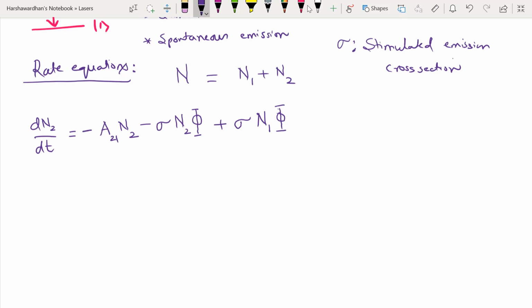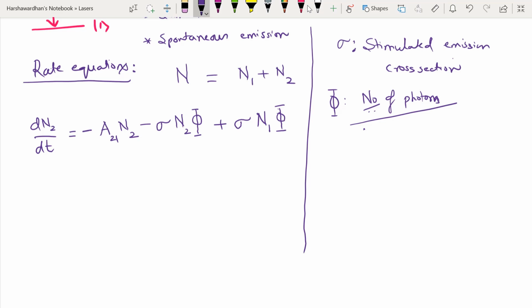So let me define what my photon flux is. Photon flux is the number of photons impinging on the atom per unit area per unit time. That's my photon flux.